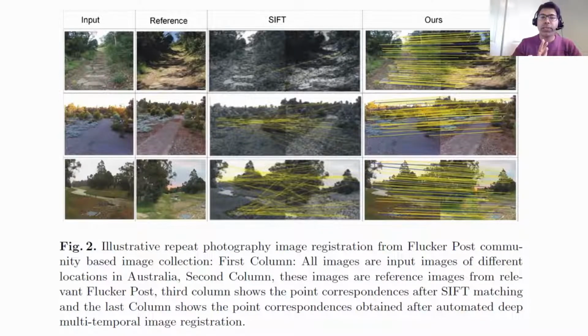We tried simpler local interest point shift-based techniques, but it didn't work because there was a huge variation. In that huge variation, most of the points were lost, and there was a very low number of correspondences.